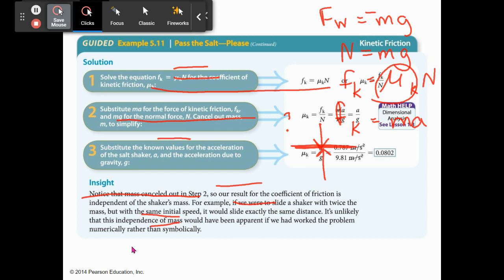But the main thing to understand is that you can get normal force if you know weight. Okay. And then, if you don't want to do this whole ratio thing, let's see if we could do it a different way. I could just set these two things equal to each other and get exactly the same results.